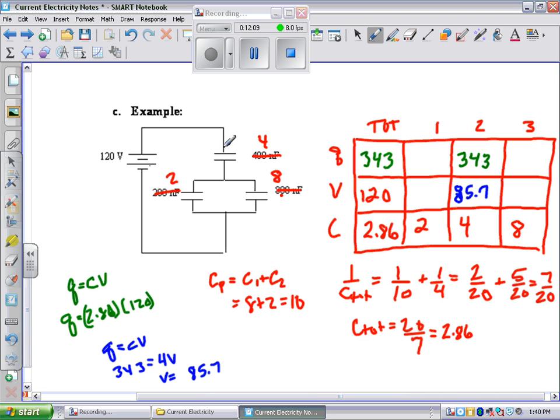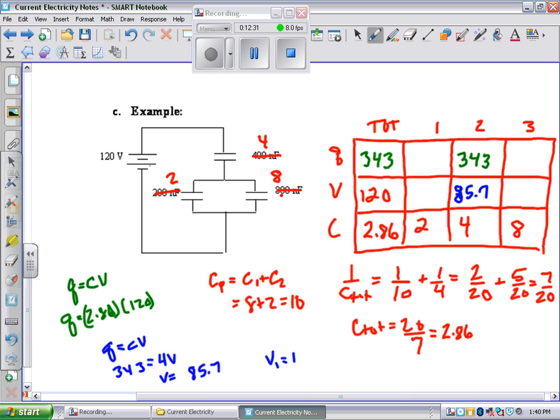Now, if you remember, I just said that the voltage here plus the voltage here has to add up to 120 because I gain 120 there, I lose 85.7 up there, and then I lose the rest of it over here. So we'll write it down this way.